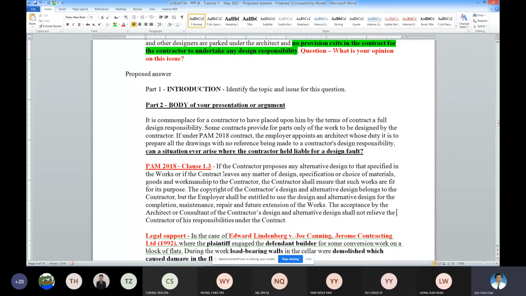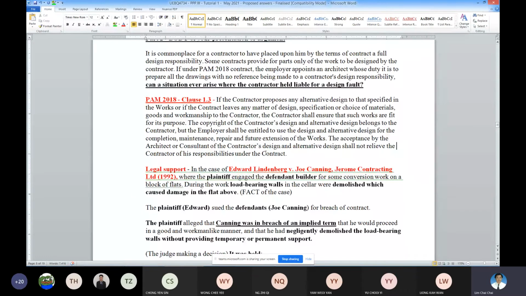Ultimately, if somebody were to challenge the written or the express condition, then you have to go to the legal case law to look into the issues of whether the interpretation is correct or wrong.